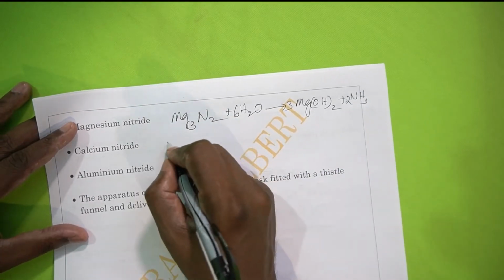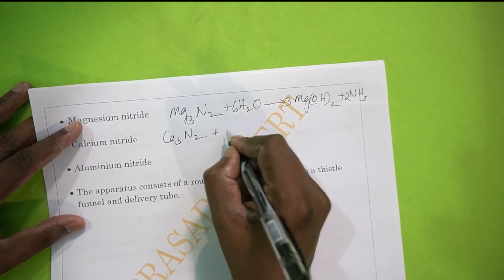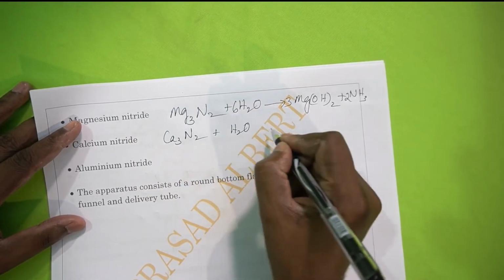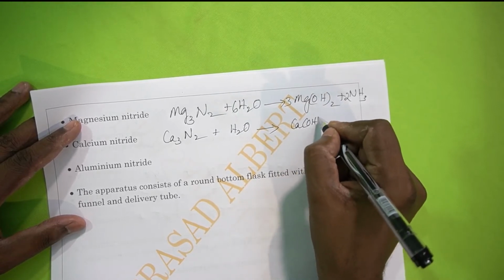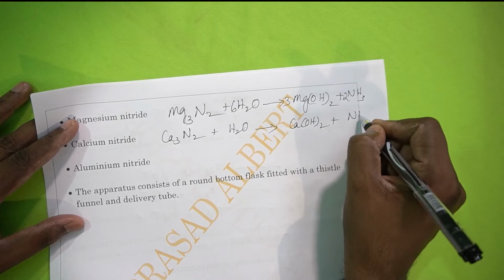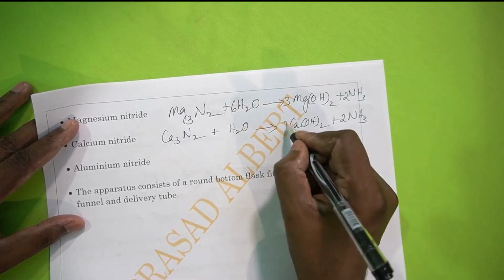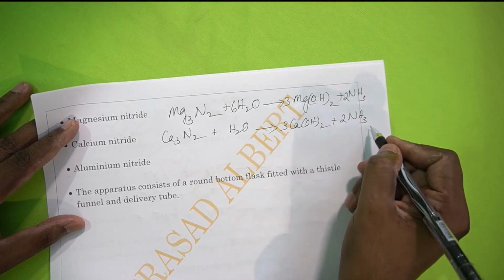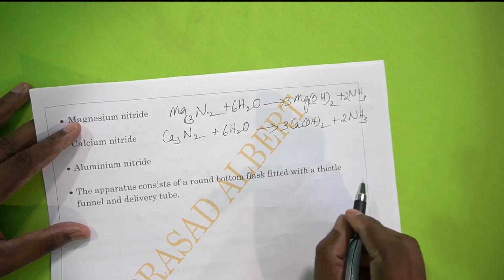Same way, calcium nitride, Ca3N2, plus H2O will give Ca(OH)2, calcium hydroxide, and ammonia, 2 NH3, 3 Ca(OH)2. So 6 and 6 hydrogen, 12 hydrogen, so 6 H2O, 6 oxygens, right?